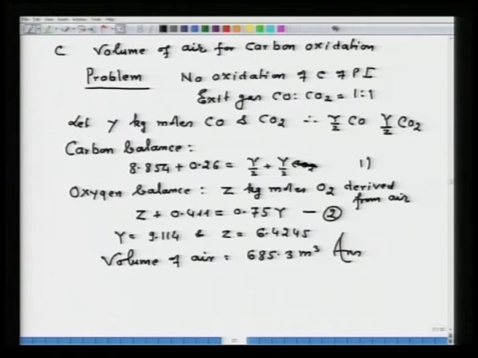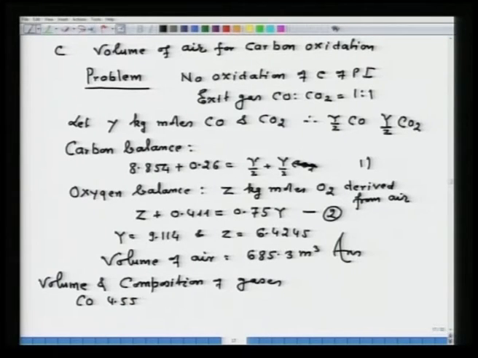Now, next I have to calculate the volume and composition of gases. The volume we can already calculate: CO is half of 9.114, that is 4.557, CO2 is the same, 4.557, and nitrogen will be 25.196, all in kg moles.